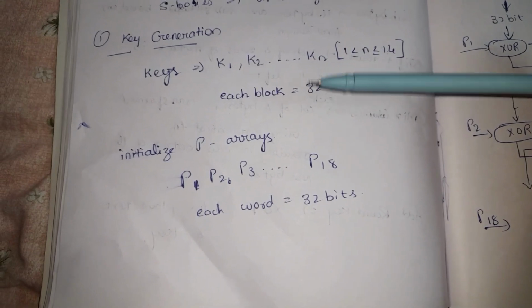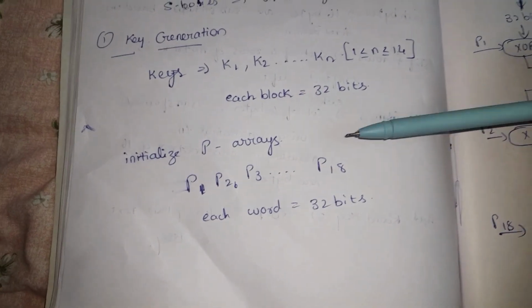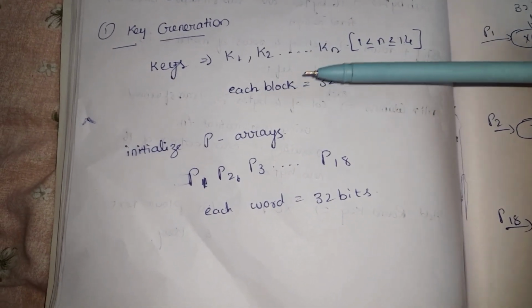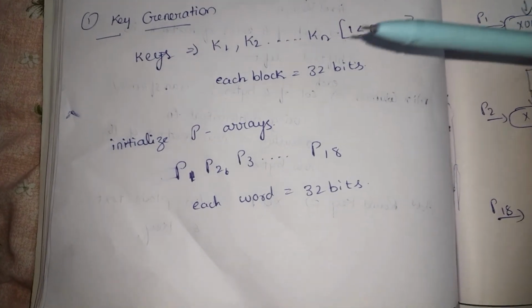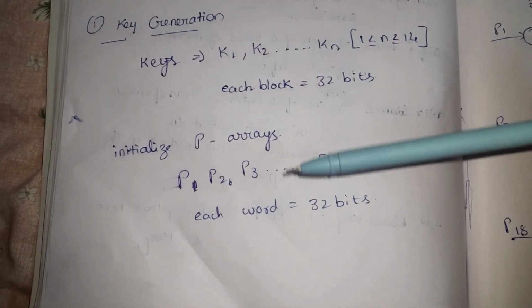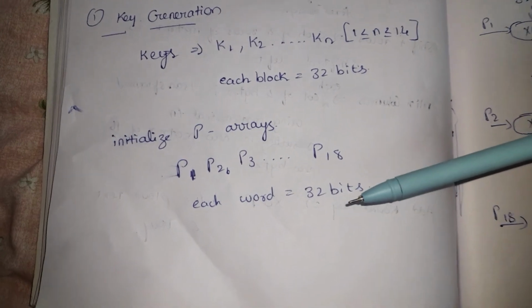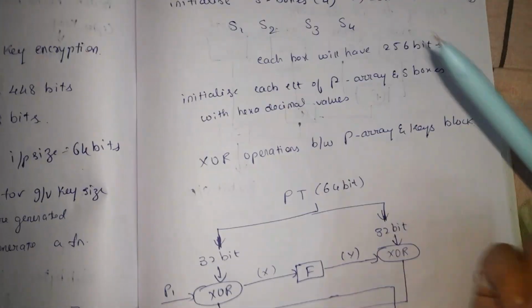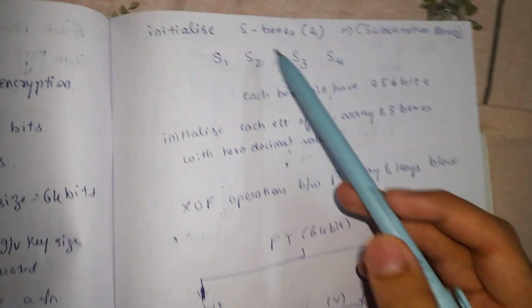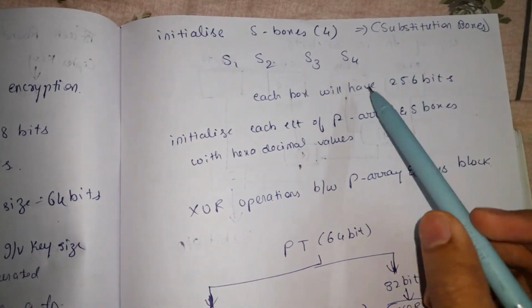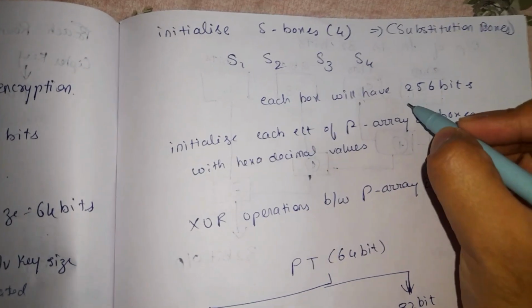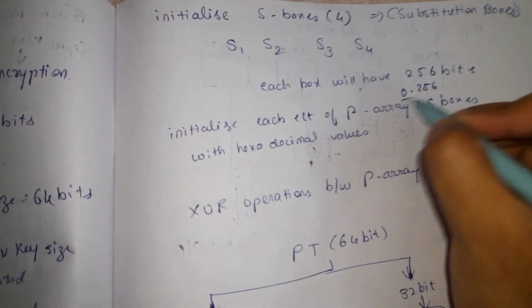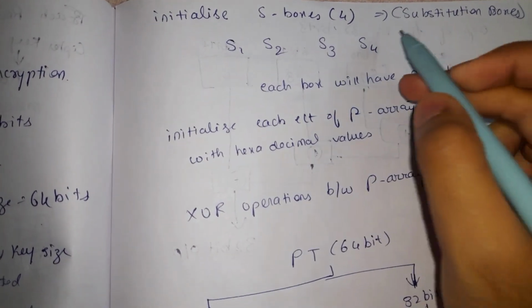Then we initialize the P arrays containing the words. Each block will contain 32 bits. Now we have 4 S boxes of 256 words each, which store the substitution boxes.